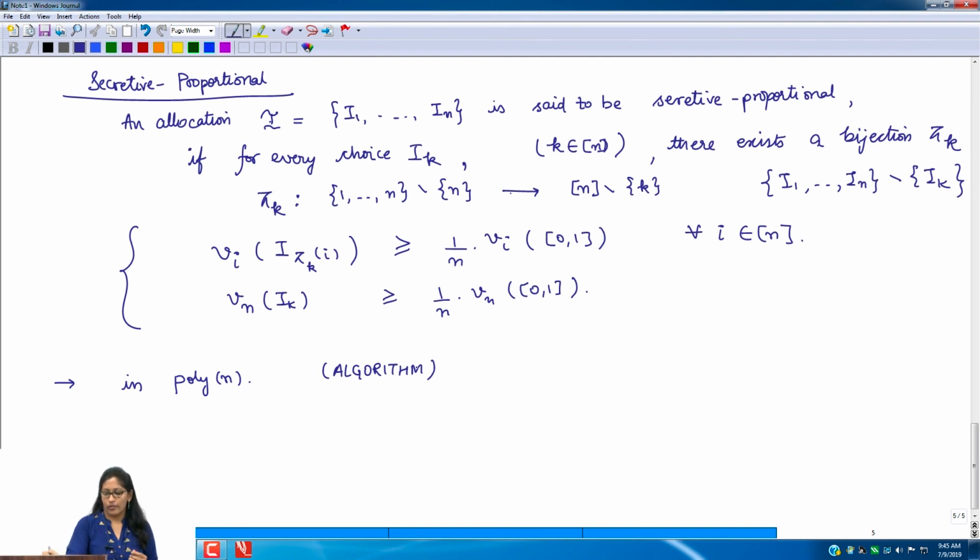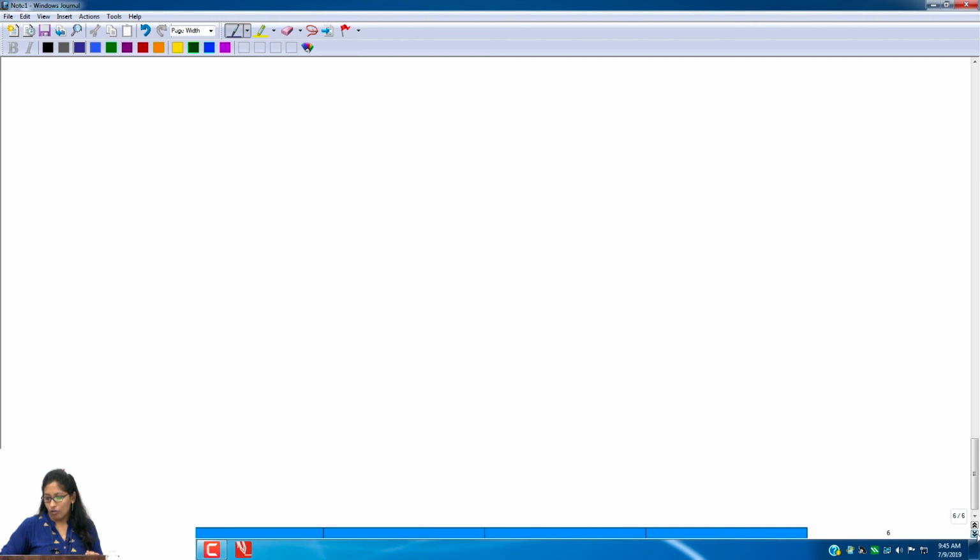Remember for the case of proportionality, when we have the knowledge of all valuations, we had the moving knife algorithm by Dubins-Spanier, which gave us proportionality, right? So here also we will adapt the moving knife algorithm, and we'll see how to adapt it in the secretive setting and again achieve proportionality.